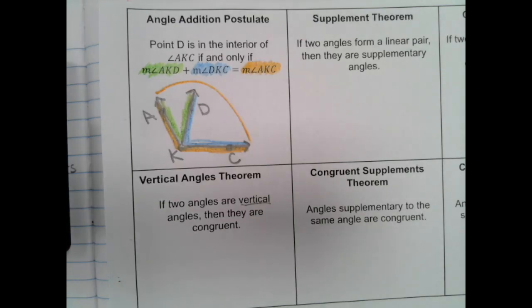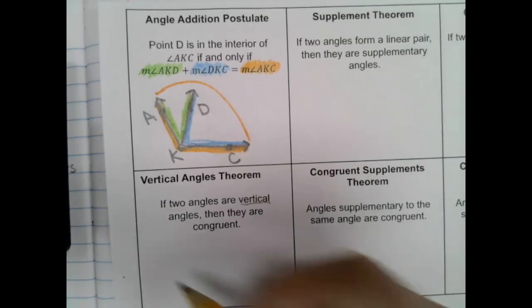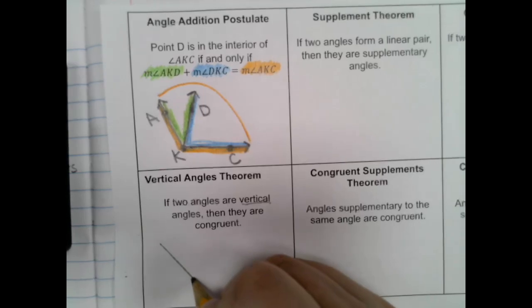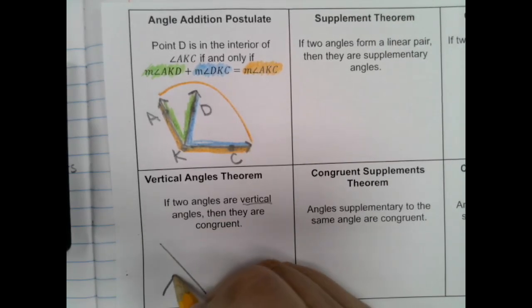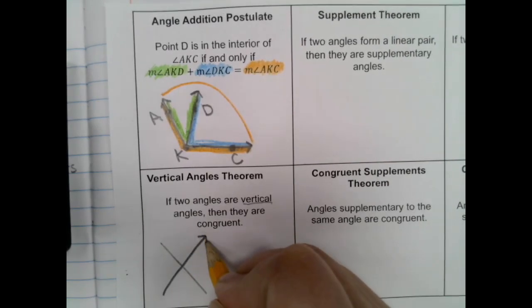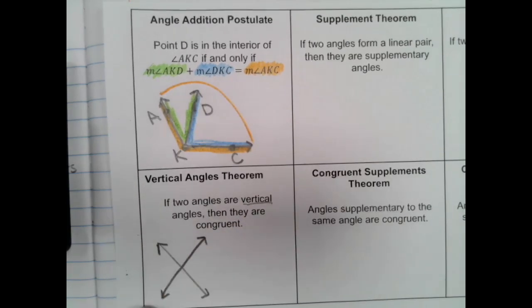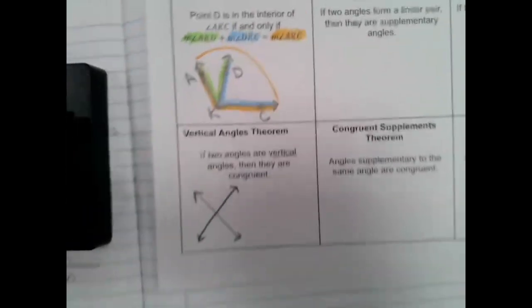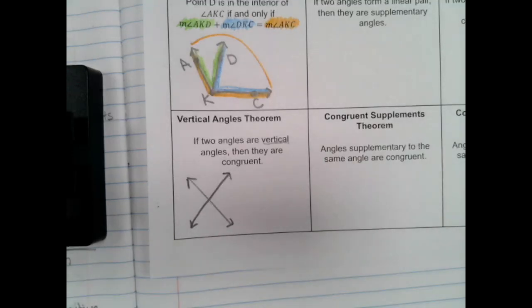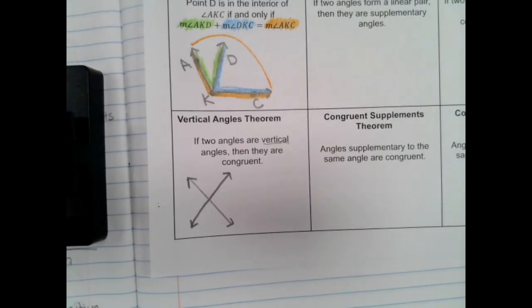Angles that are across from each other. So it's kind of like when I have two lines that cross. Okay, for today we'll just number our angles. That way it's a little bit easier.